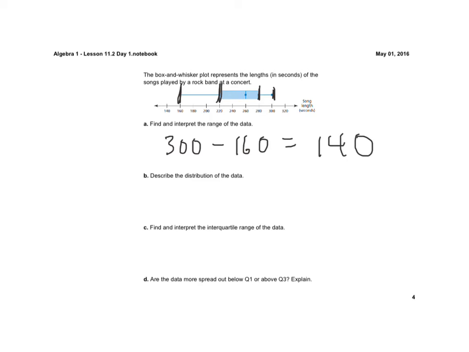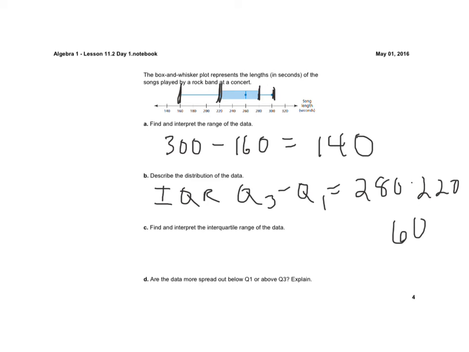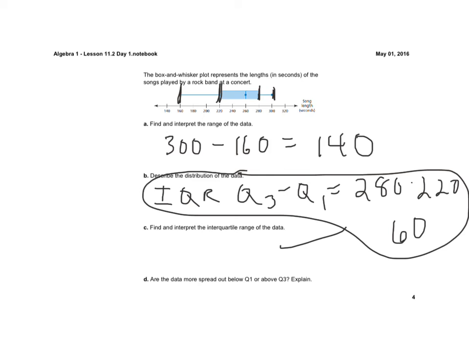And then this interquartile range, which is the Q3 minus the Q1, is 280 minus 220, which is 60. It says find and interpret the interquartile range, so I kind of jumped ahead of myself. The interquartile range right here is 60.